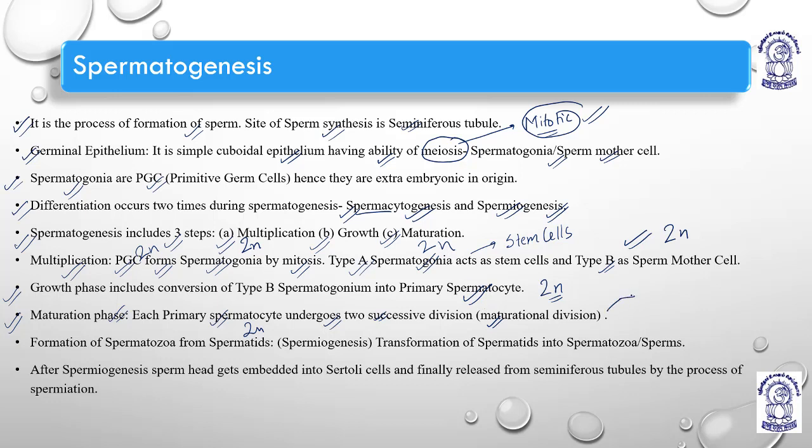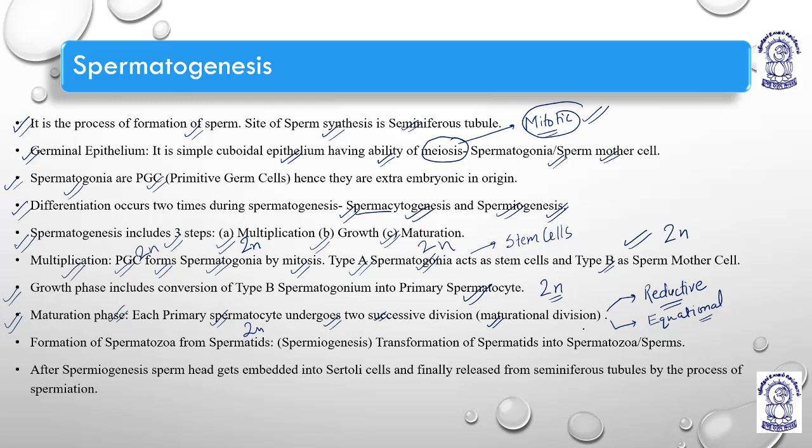The first maturational division is the reductive division, the meiotic division, in which the chromosome number becomes half. The second maturational division is the equational division, in which the chromosome number remains the same, maintaining the change that happened during the reductive division.